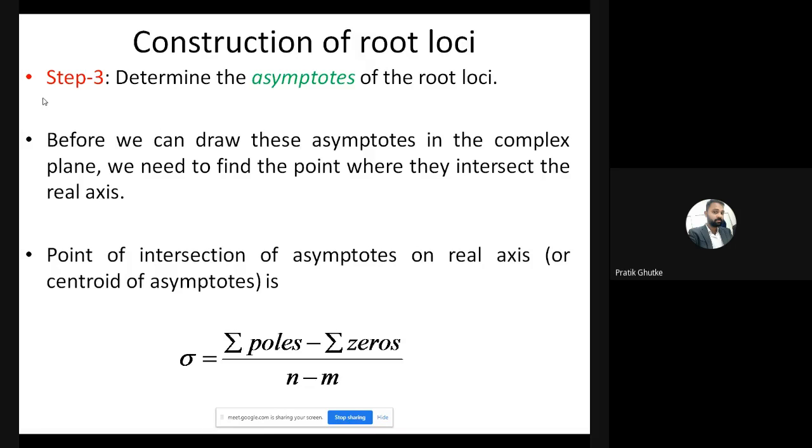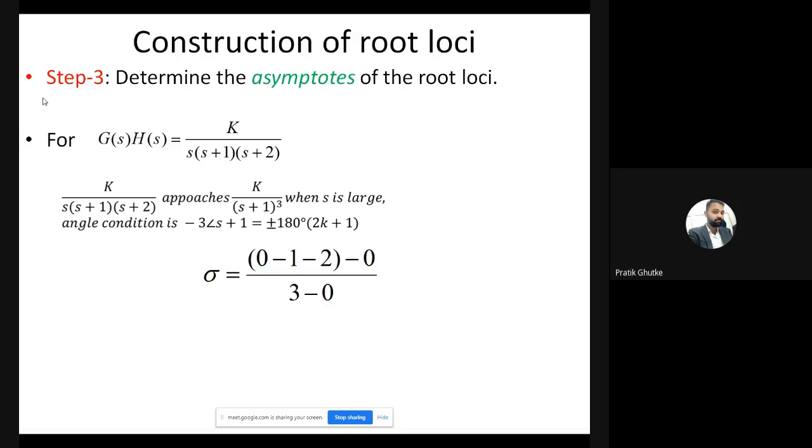So the point of intersection of the asymptotes on the real axis is your centroid. For example, G(s)H(s) is given as K divided by s times (s plus 1) times (s plus 2). This is your transfer function.